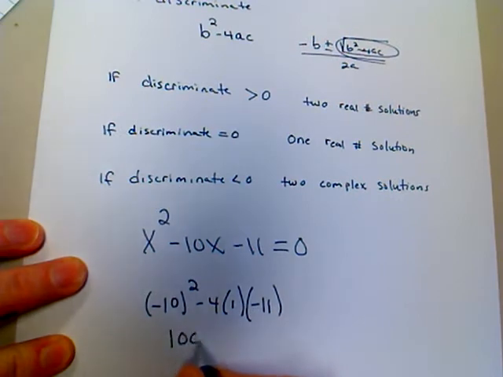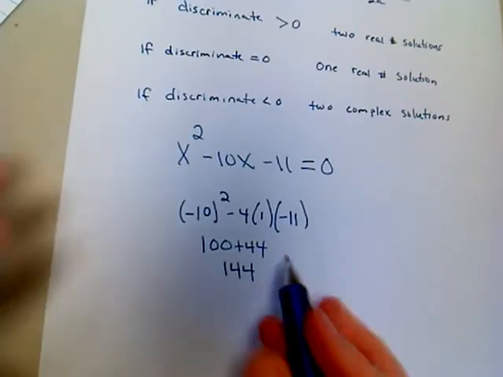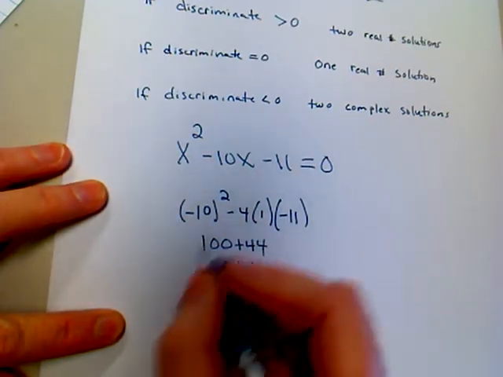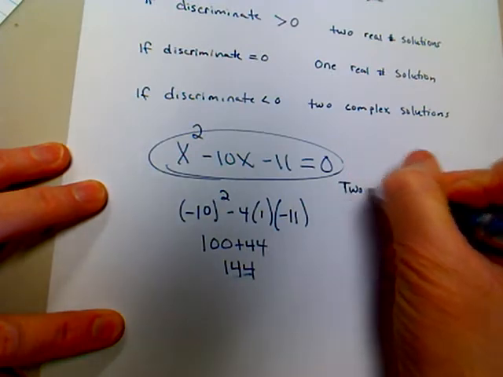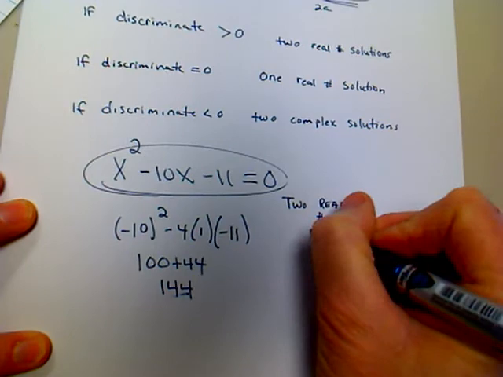So it's 100 plus 44, which is 144. Okay. The discriminant is greater than 0. That means for this problem, you will have two real number solutions.